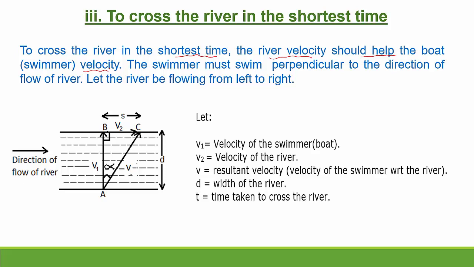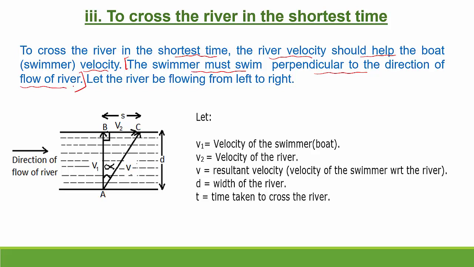Then how to swim to cross the river in the shortest time? The answer is the swimmer must swim perpendicular to the direction of flow of river. If he is swimming perpendicular to the direction of the flow of the river, then he can cross the river in the shortest time.